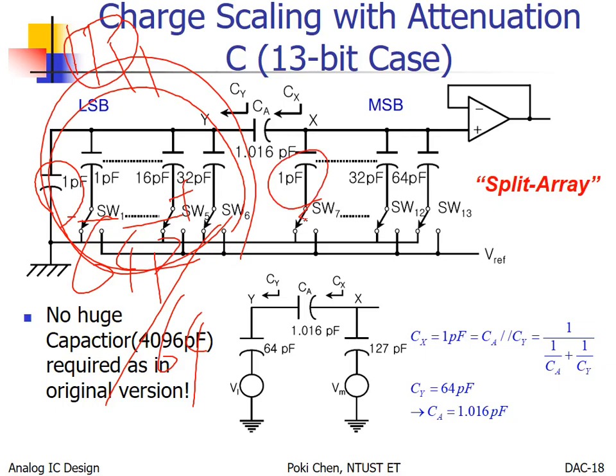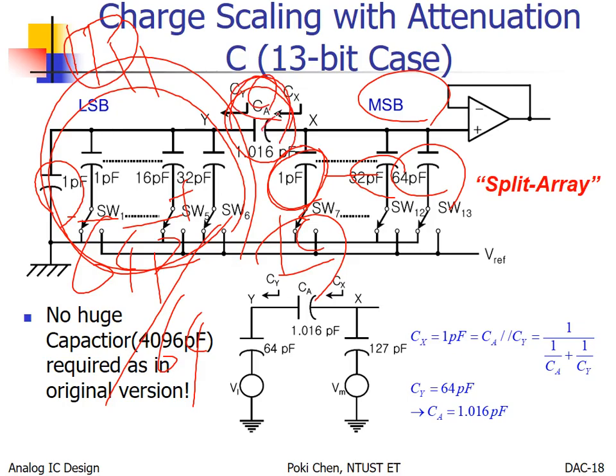So the structure is still very beautiful. Even from MSB, 64, 32, all the way to 1P, 1C here, and to the left, you still have another 1C for dummy. The structure is exactly the same, except for this one. CA means the capacitor for you to get attenuation. That's it.